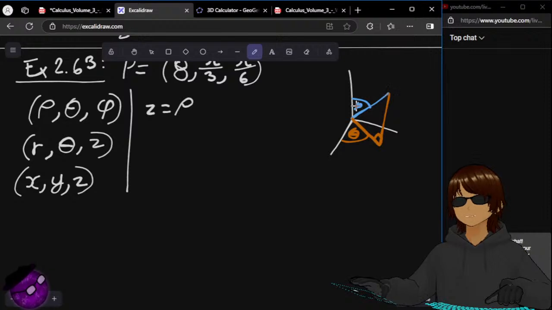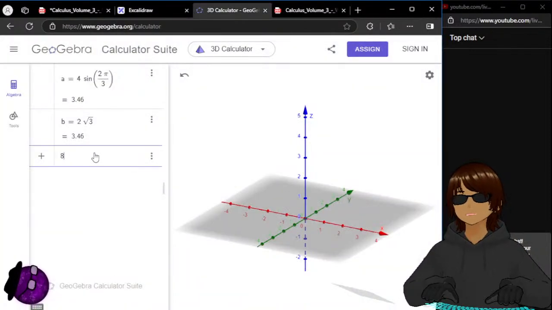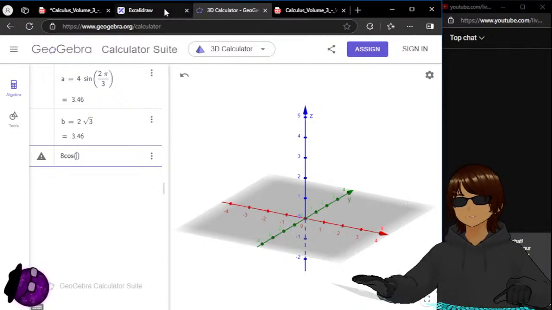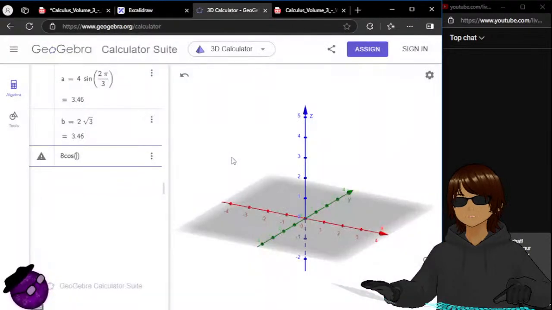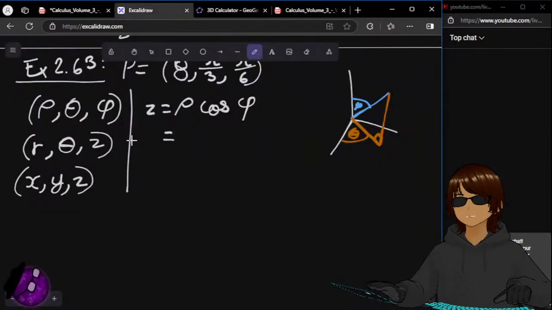I keep getting confused. So z is equal to 8 times cos of pi over 6, which is 6.93.